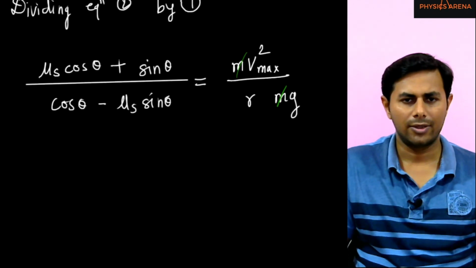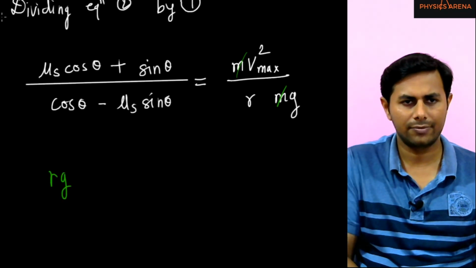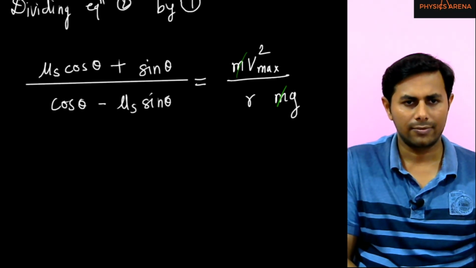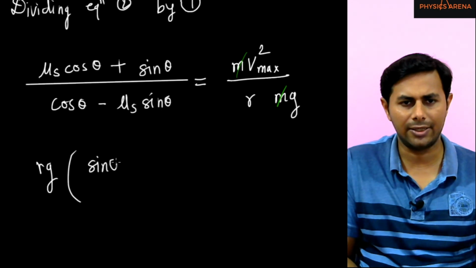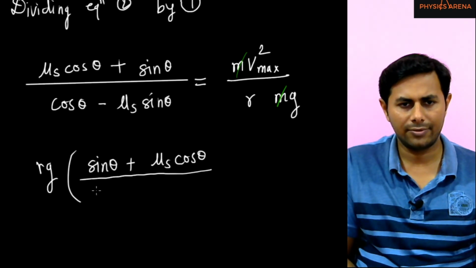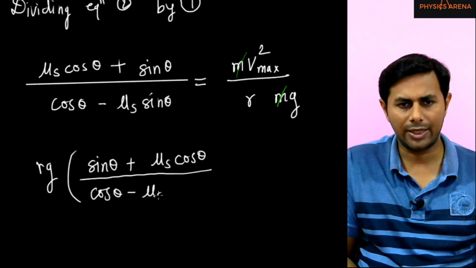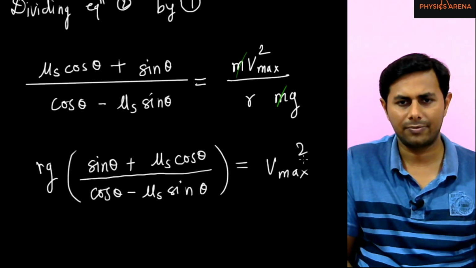So rg multiplied by the terms in the bracket: sine theta plus mu s cosine theta, divided by cosine theta minus mu s sine theta, is equal to v max squared.